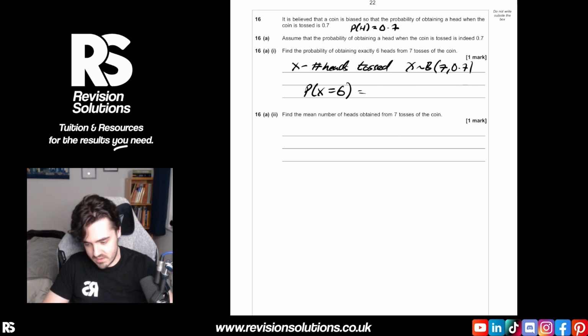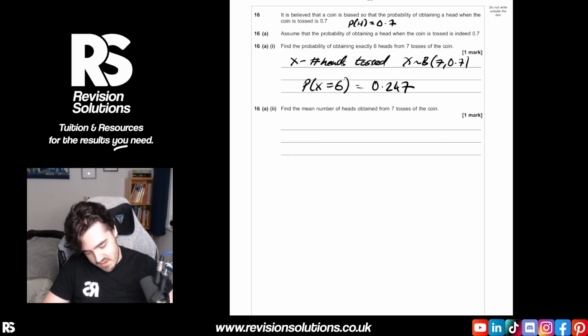So using our calculator, the binomial PD function, where x is going to be 6, our sample size is 7, and our probability of success is 0.7, we get 0.247 to 3 significant figures.